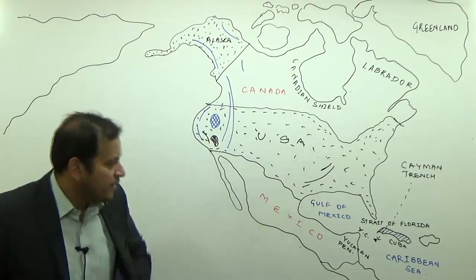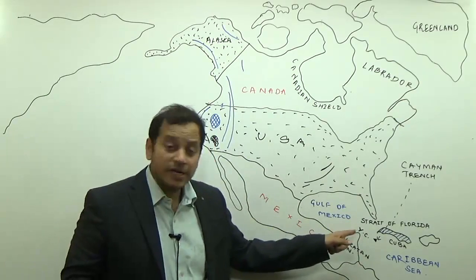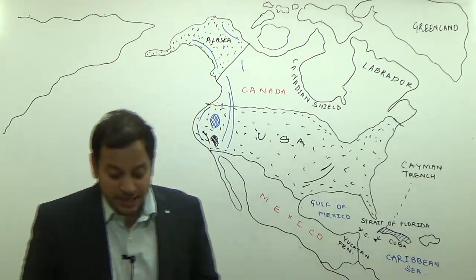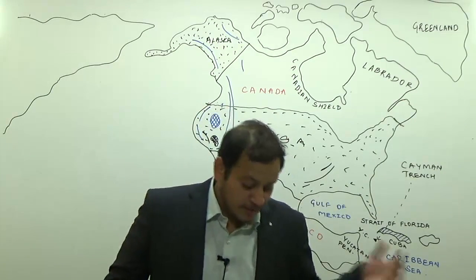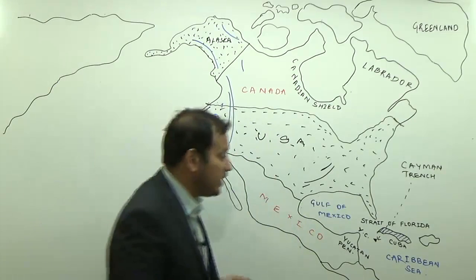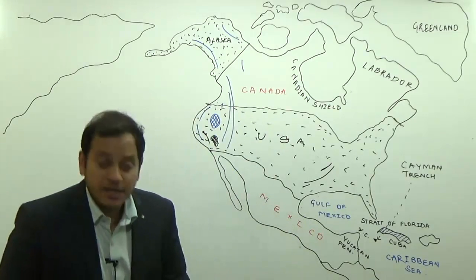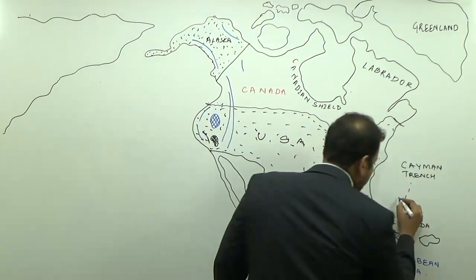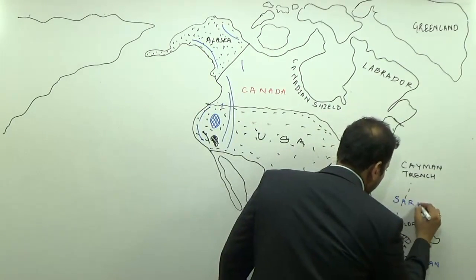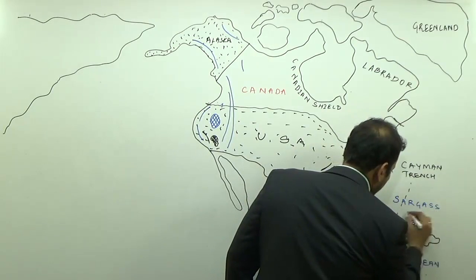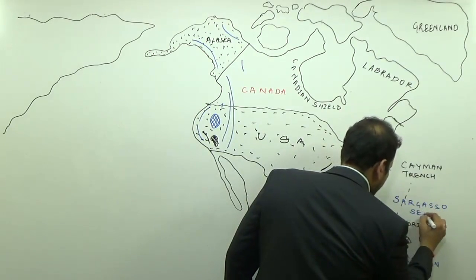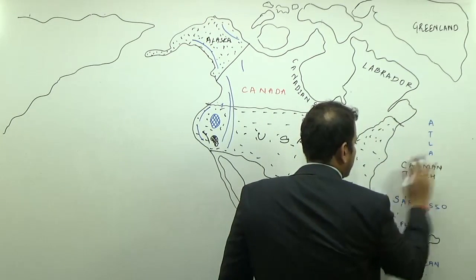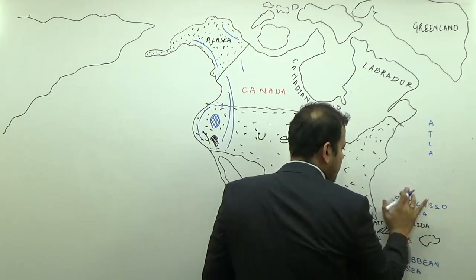So in that technical definition, we can also say the Strait of Florida connects the Gulf of Mexico with the sea here. What is the name of the sea? It is the Sargasso Sea, or it is a part of the Atlantic Ocean. So both questions can come. It connects the Sargasso Sea region or it connects the Atlantic Ocean region. Now I will rub this Cayman Islands.